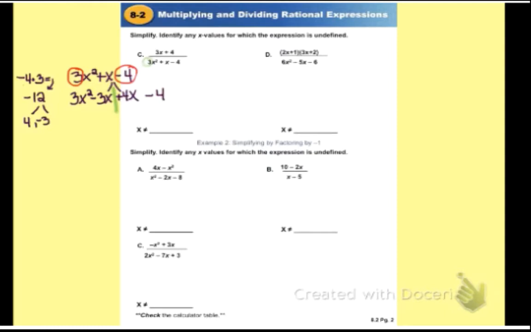So if we take the first two together and we take out the greatest common factor, we could take a 3x out of that, and that leaves us with an x minus 1. Do the same thing for the second pairing. I could take out a positive 4 out of both, and that leaves me with an x minus 1.